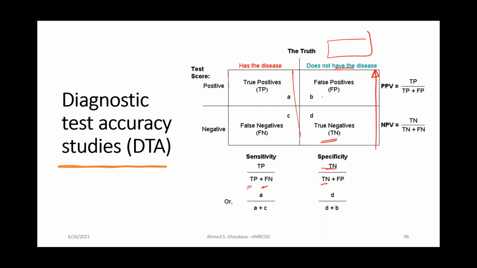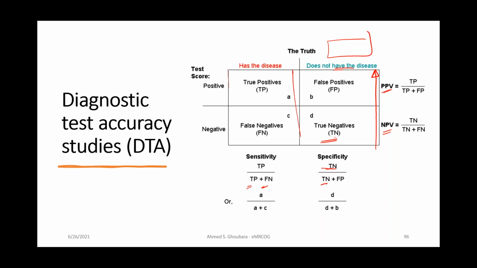The positive predictive value and negative predictive value, believe me, they're much easier to remember than sensitivity and specificity. The whole equation is positive because it's positive predictive value, so everything is positive. For negative predictive value, everything in the equation is negative.